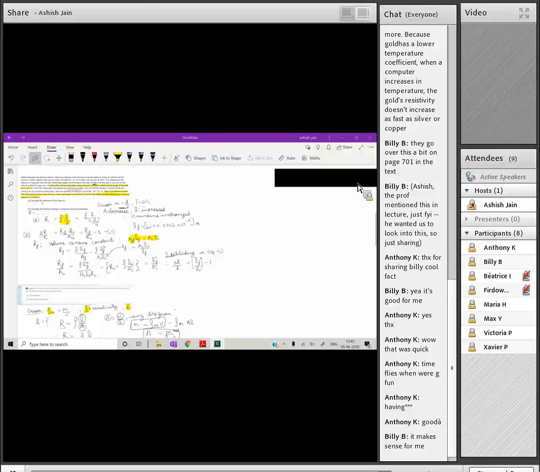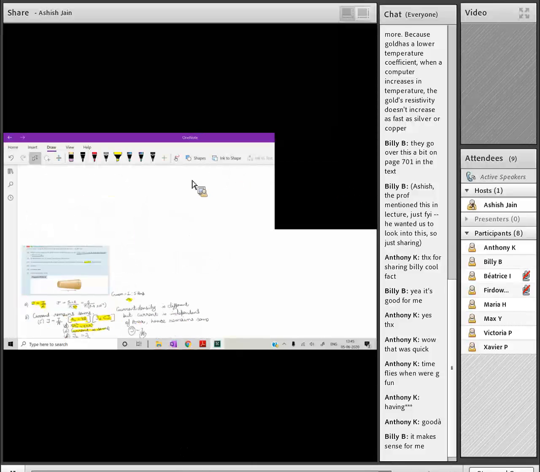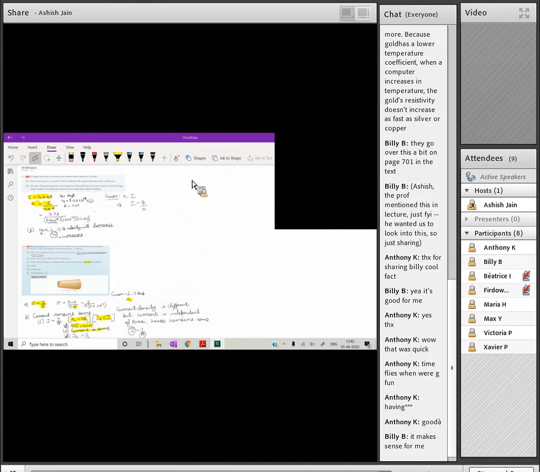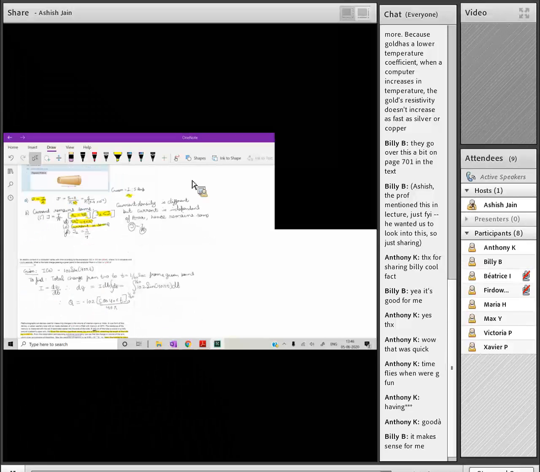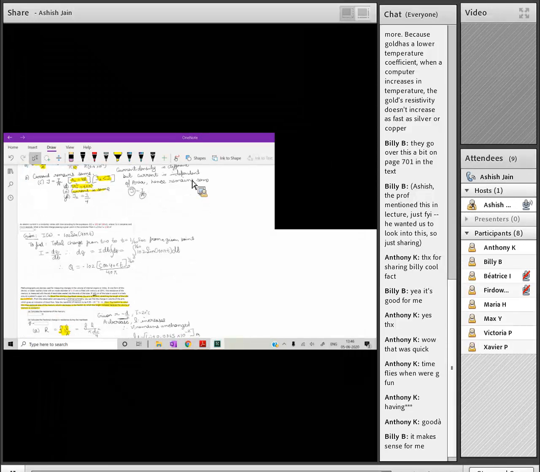Okay, so I'm gonna conclude today's session. So today I covered electric current and resistance. I covered the drift velocity part of it. I covered the variation of resistance with area and length.